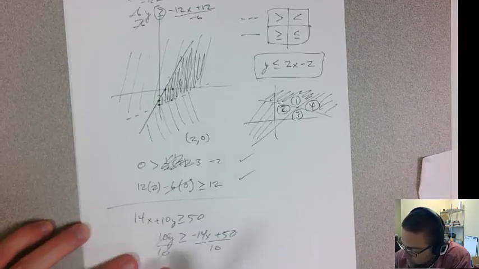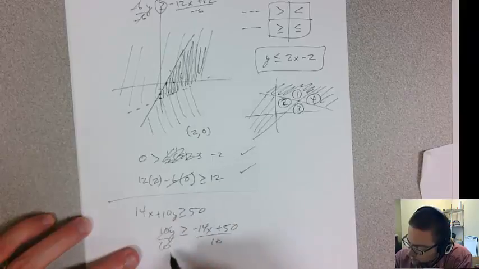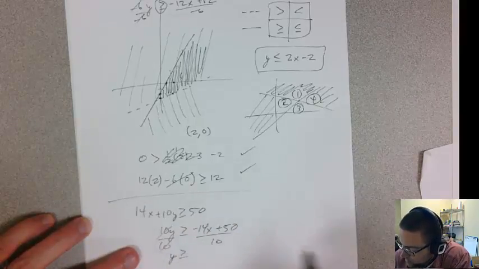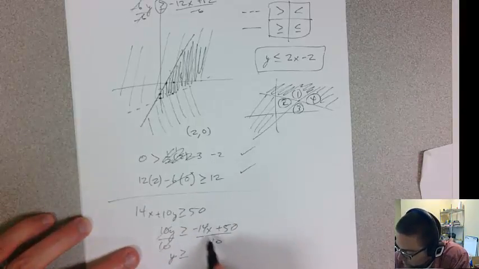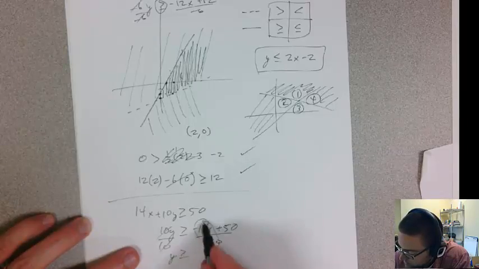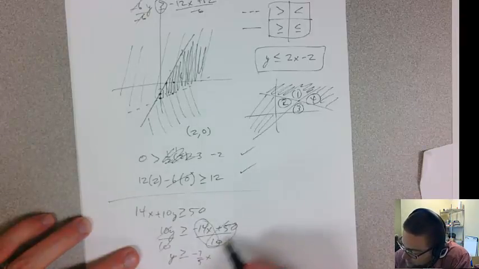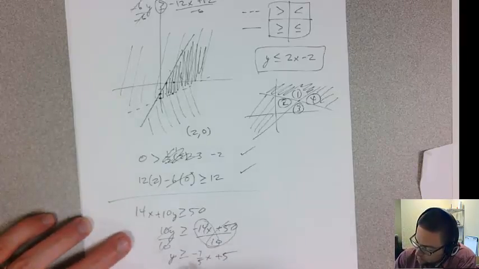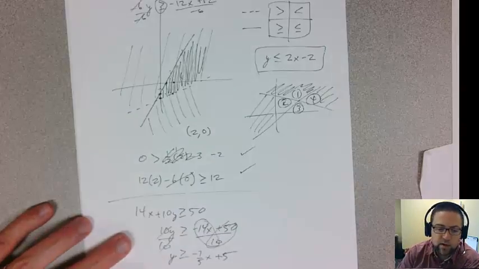When I'm dividing by a positive, I don't flip the sign. So y is greater than or equal to, let's see, I could reduce this fraction to -7/5 x, and this one I can reduce to 5. So my equation is y is greater than or equal to -7/5 x plus 5.